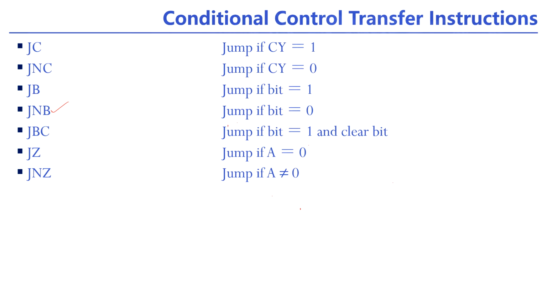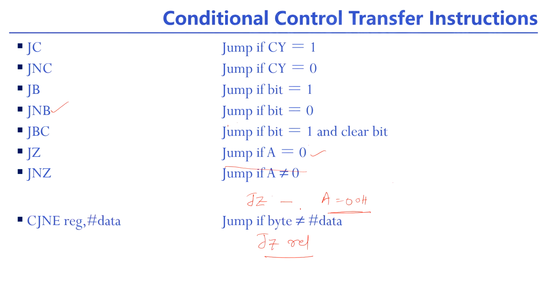JZ means jump if accumulator equal to 0. It checks the condition that A, the 8-bit accumulator, is equal to 0. Only then does it jump to the address specified in the instruction, the relative address. This is the syntax. And similarly, jump if no zero.